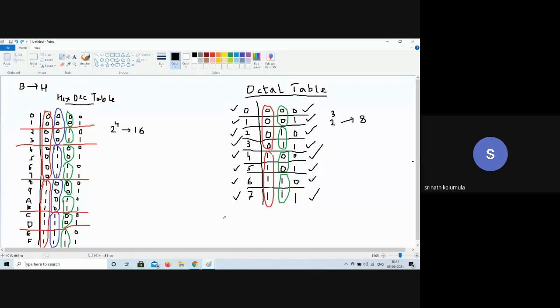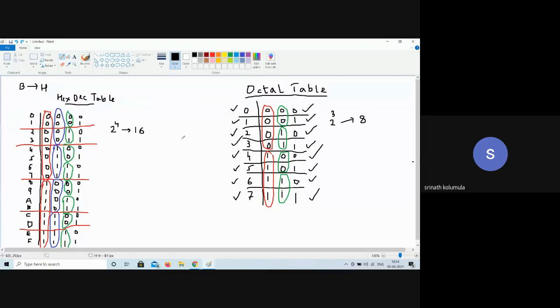So what you have to do is take a sheet of paper, frame your own problems, and then try to do these conversions. Next class we'll see how to convert binary to hexadecimal, and conversions in between like octal to hexa and all those things. By next class we'll be completing number systems.